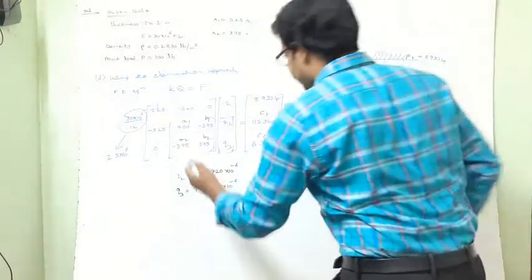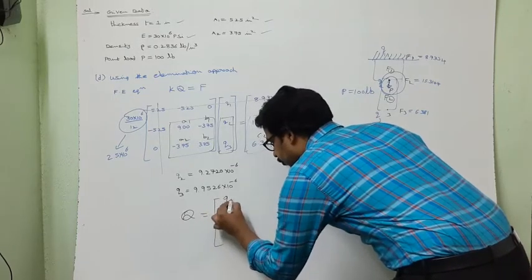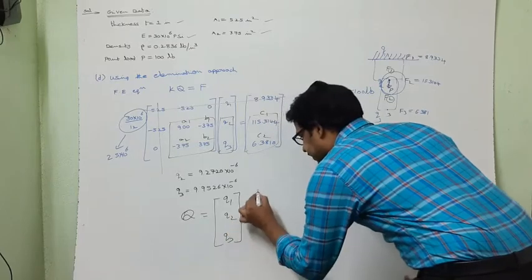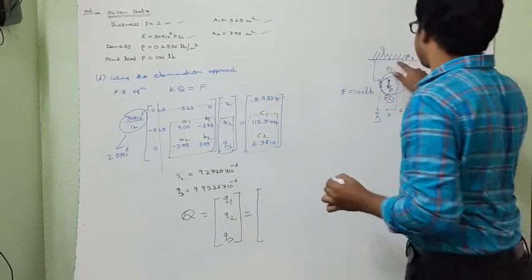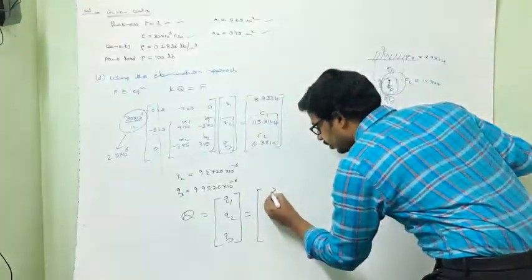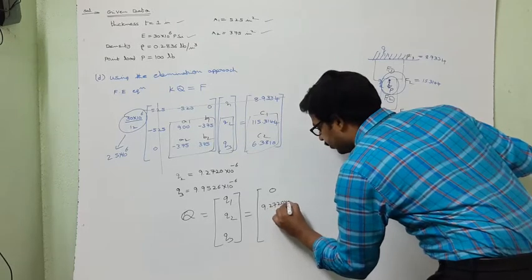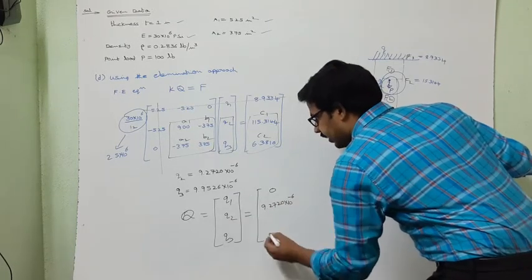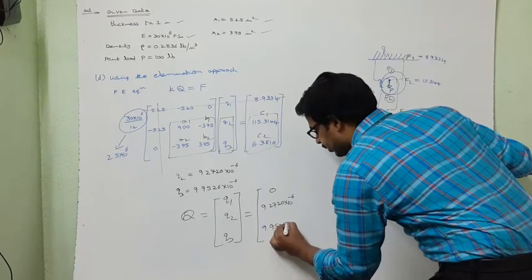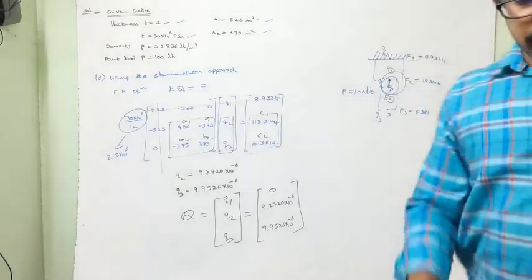So here capital Q is equal to Q1, Q2 and Q3. So here at the displacement at the node 1, the fixed end is there. So that's why Q1 is 0 and Q2 is 9.2720 into 10 power minus 6 and Q3 is 9.9526 into 10 power minus 6. This is the fourth bit.